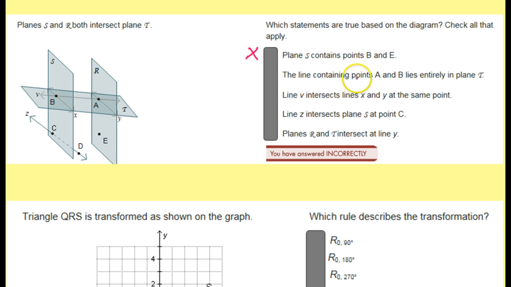The line containing points A and B lies entirely in plane T. Okay, let's see, A and B. So here's point A and here's point B. Okay, so hopefully you can see that this is plane T, which is like this rectangle right here.